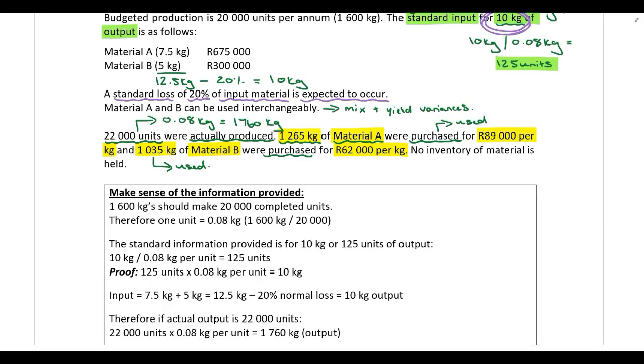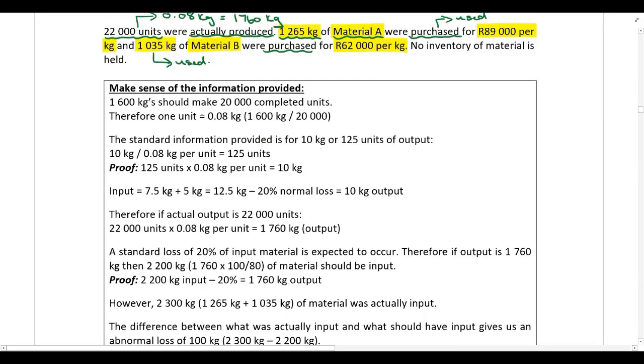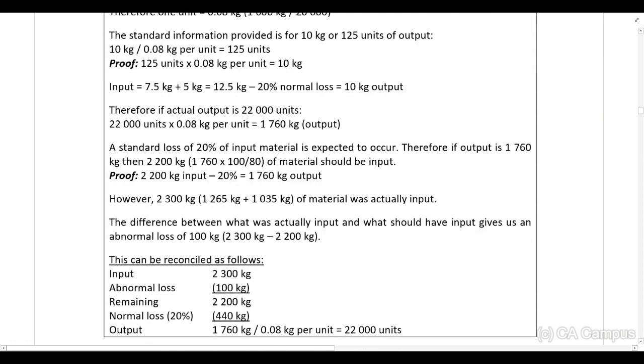Now, before we get onto the ratio calculations, I want you to first make sense of the information that's been provided in this question because we are dealing with losses in the production process. Now, you'll see just below I have a block where we are going to make sense of the information provided. I've already been through the first few calculations with you. We've done already a lot of those calculations when we were reading through the information.